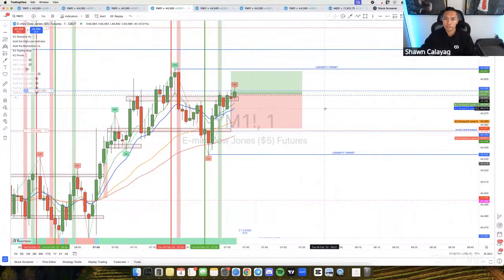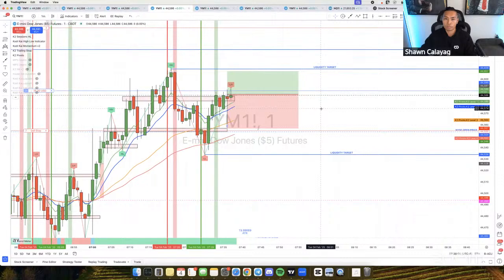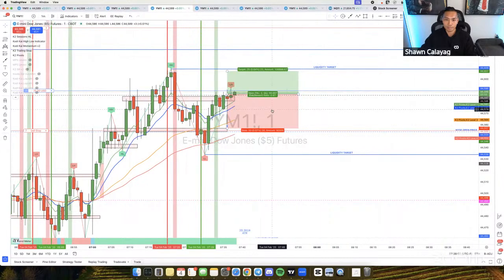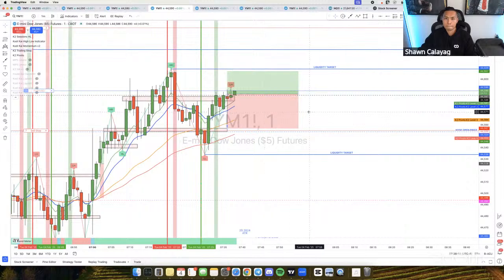So close a little bit higher. And it's right on the line again. Making it really tough for us here. I do think price will push up and hit these targets up here though. So I'll be following it.